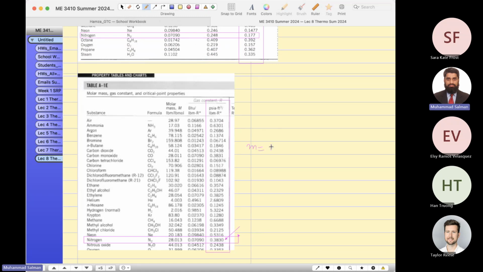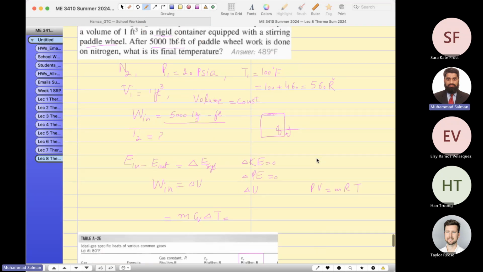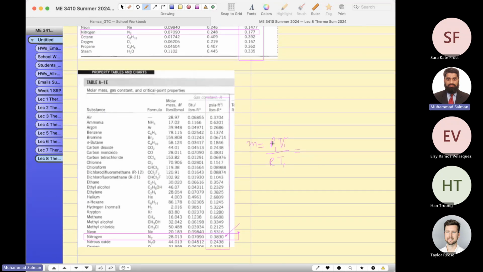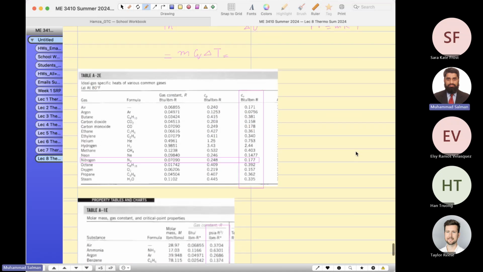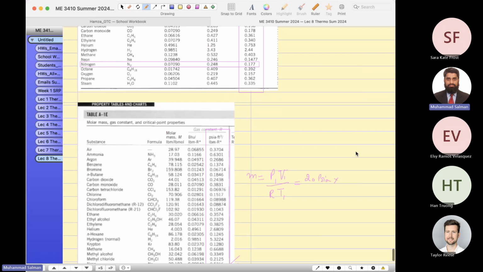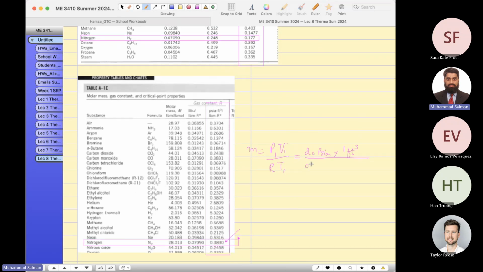So M equals P1 V1 over R T1. P1, how much is that? 20 psia. And V1 is 1 foot cubed. The R value from the table is 0.383 psia feet cubed per pound mass per Rankine.